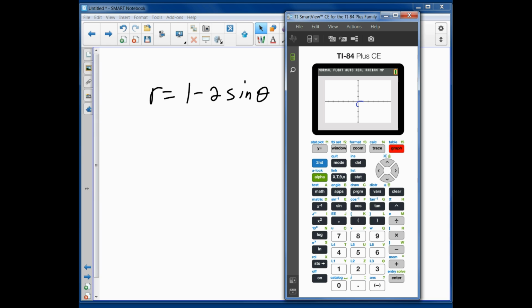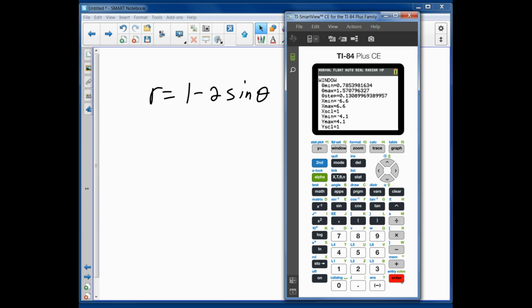Just put the minimum. Minimum pi over 4? Okay. And then 3 pi over... No, it's a little much. Pi over 3? Or pi, I'm sorry. That's pi over 4. Pi over 6.